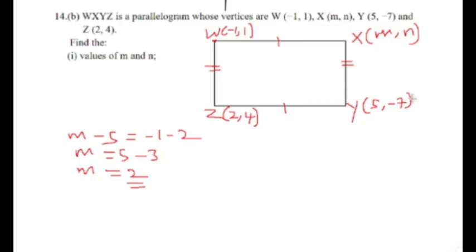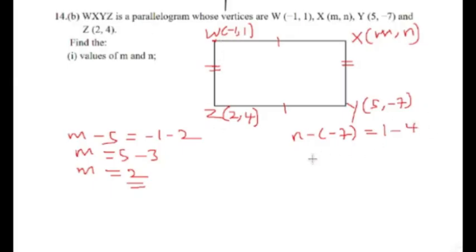So we compare also for the other coordinate, the y coordinate. That will give us N minus 7 is equal to 1 minus 4. These are Cartesian coordinates. The first one is the x value, so we compared M and 5 with minus 1 and 2. Now I'm comparing N minus 7, which is the length of this, with the y coordinate length here, which is 1 minus 4.